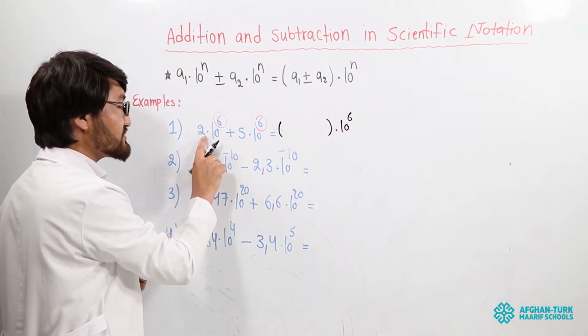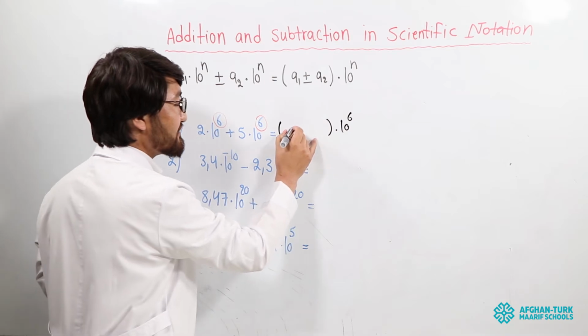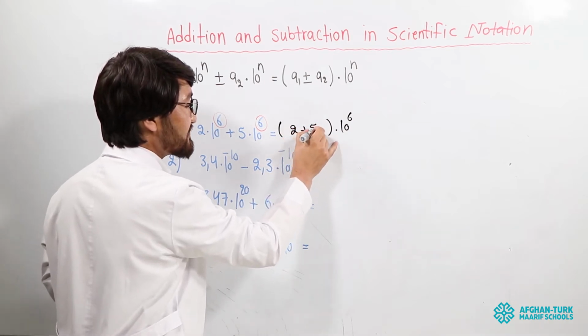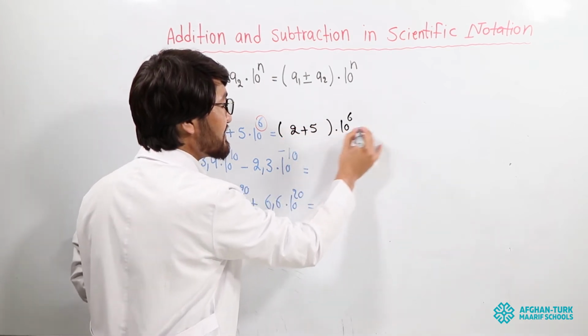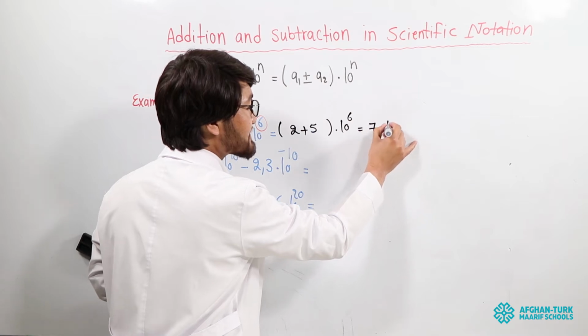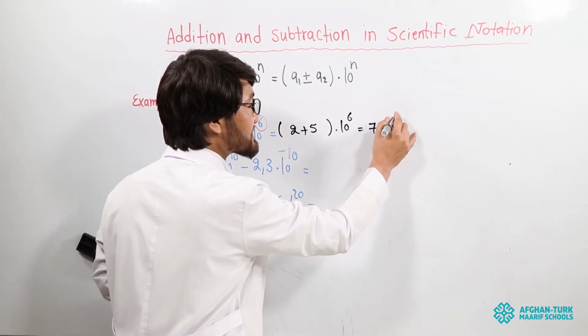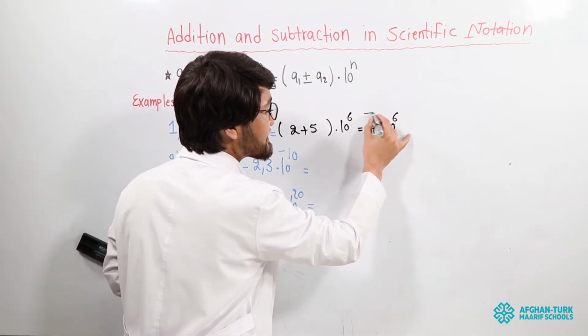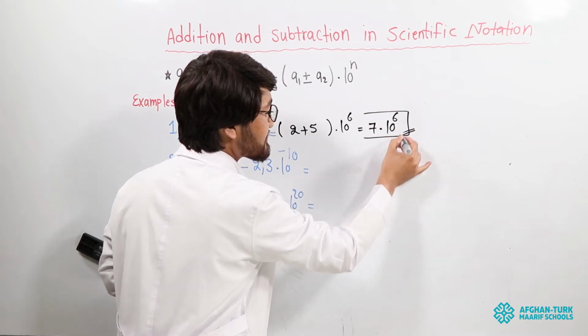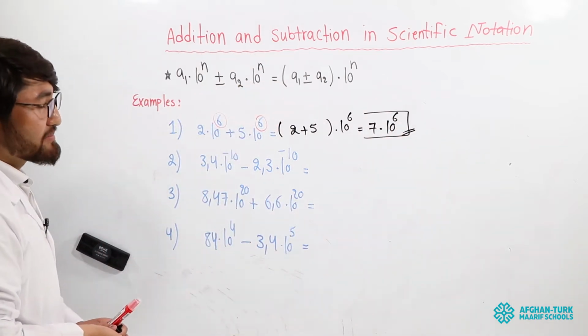Now we add 2 plus 5, which is 7. So 7 times 10 to the power of 6 is your answer.